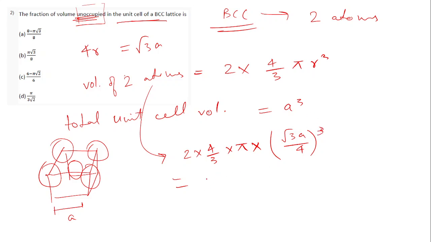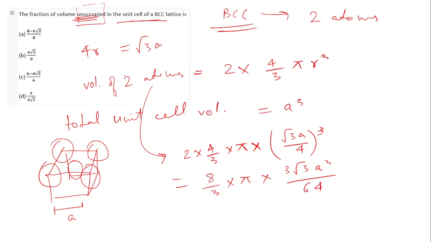When I solve this, this is 8 by 3 times pi times 3 root 3 a cube by 64. This will be the total volume of 2 atoms, and total volume of unit cell is a cube.